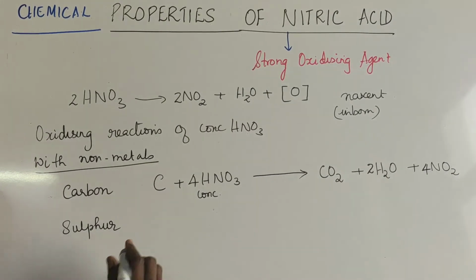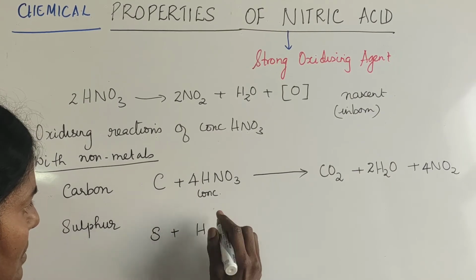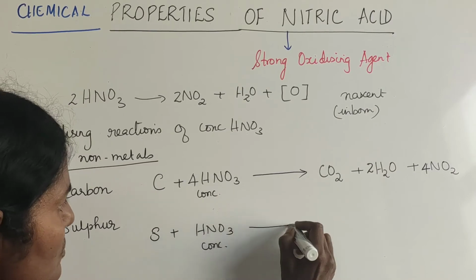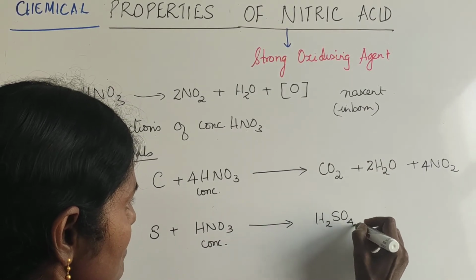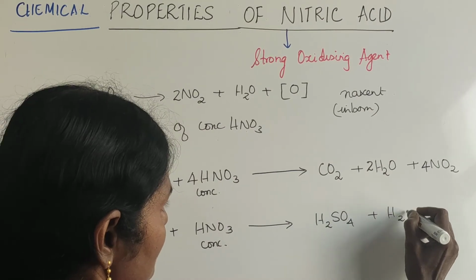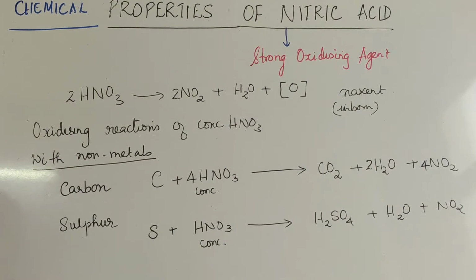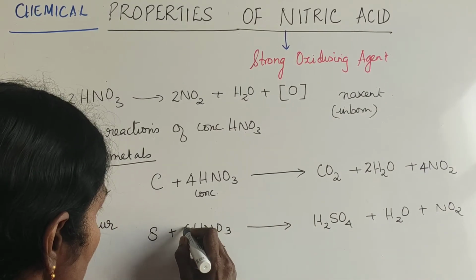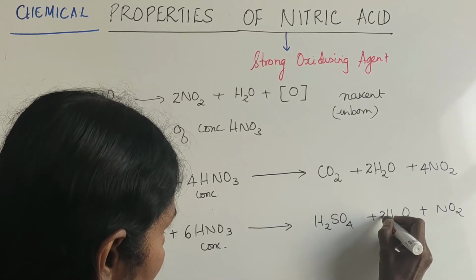Now sulfur reacts with nitric acid, again concentrated, to give sulfuric acid plus water plus nitrogen dioxide. Because here there is one more, so we add 6 here.